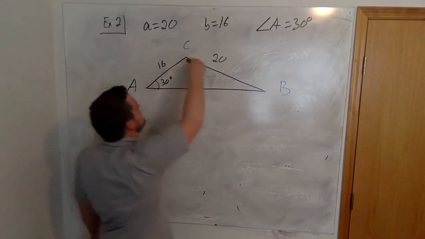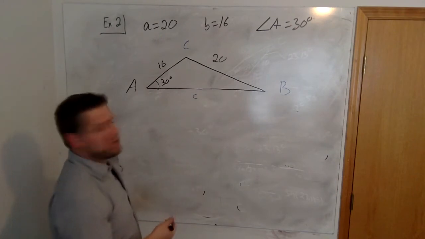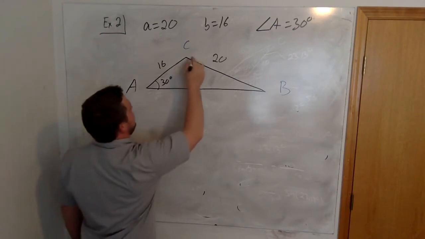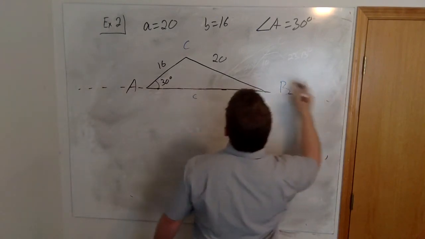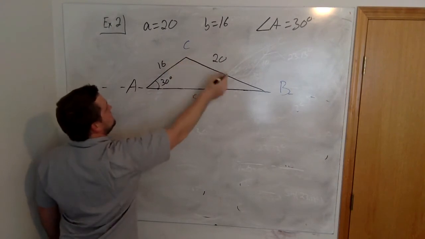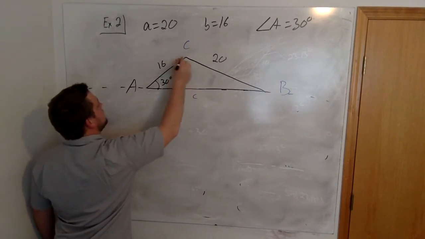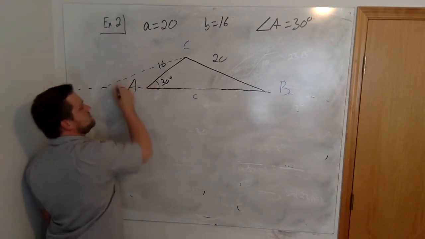Since this side length A here is longer than this one, we won't be able to get two triangles. Notice if I draw this horizontal line here and try to reflect this to the other side, since this length here is longer, the triangle would look something like this, which would ruin angle A. You see how that would break it?